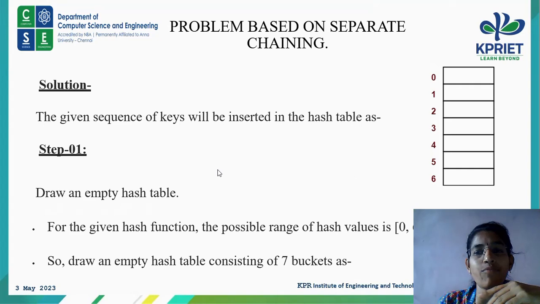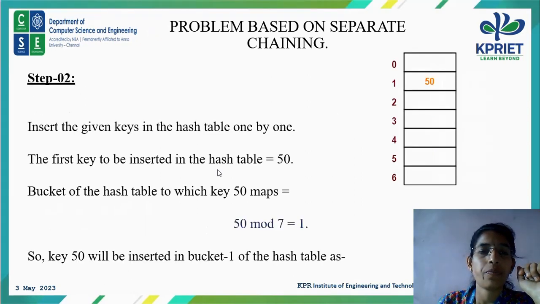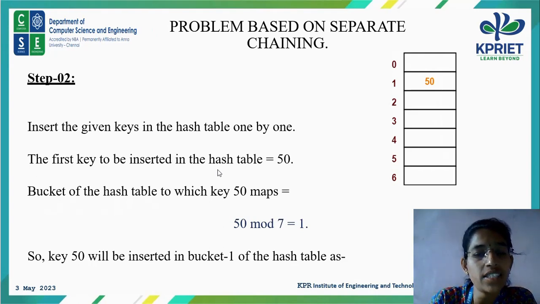This is step 1. You create a table with the name hash table. Then second, I choose 50, the first element in the sum. So my key value is 50. The key value mod by 7, so I get the remainder 1. This is my output, so 1 is my hash value for the data 50.